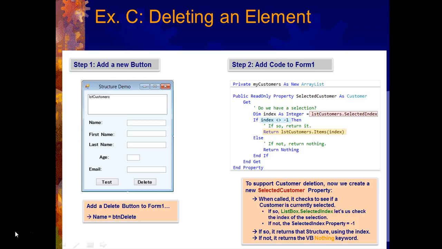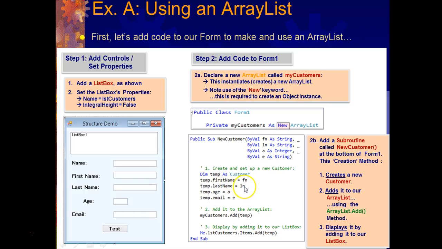We were storing customers. If we go back to this part where we're adding in, where this is our function that allows us to add in new customers and display them in here, and add them into our array list. This was the part where we add to the lstCustomers list box, right?